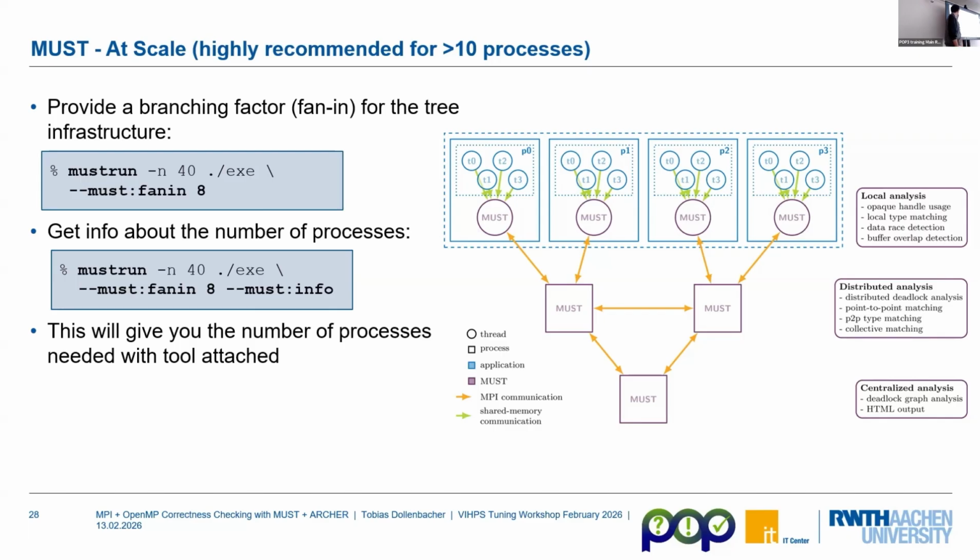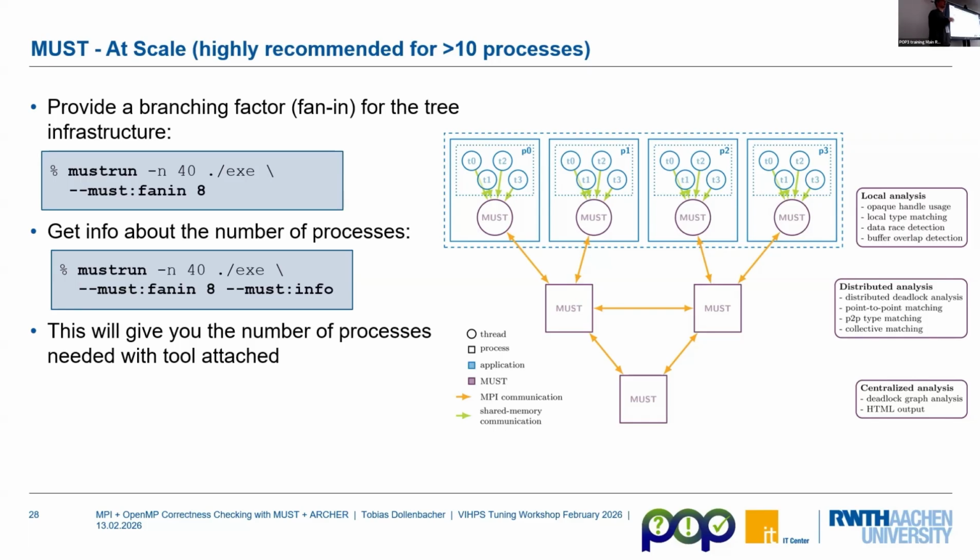processes, Joachim, do you know how many total processes will be spawned if you use fan-in 8? So with 40 application processes in this command, we will have 46 total processes, because for the 40 we need 5 processes in this first level, and then we have this additional process at the bottom.